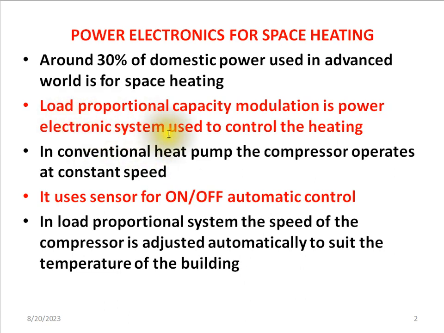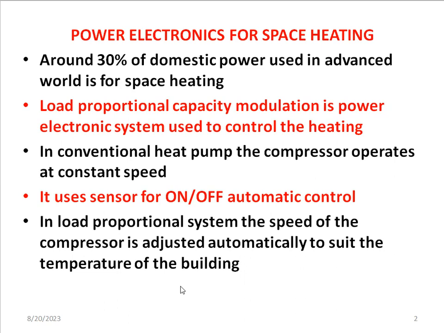But the load proportional system, which is the power electronic version, controls the speed of the compressor depending on the temperature sensed in the space being heated. The speed of the compressor is adjusted automatically to be in line with the temperature of the building. So in this case, we don't switch off the compressor completely.